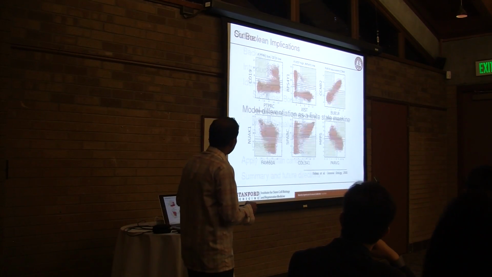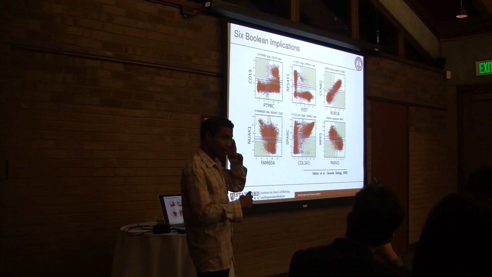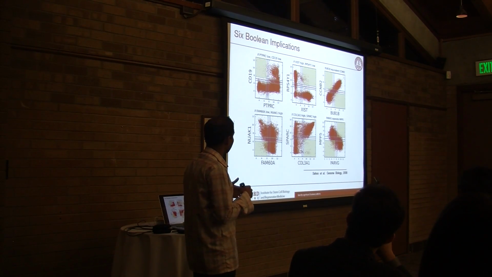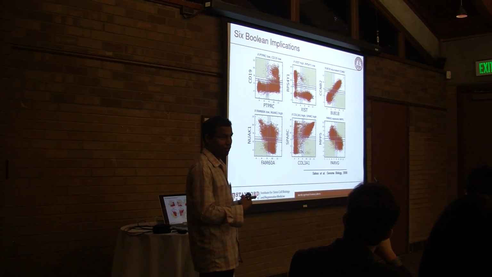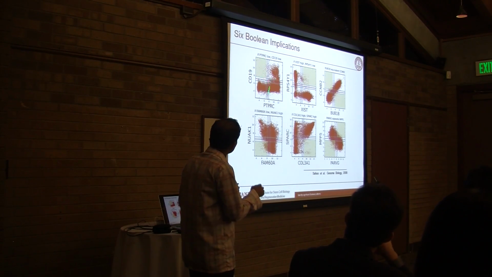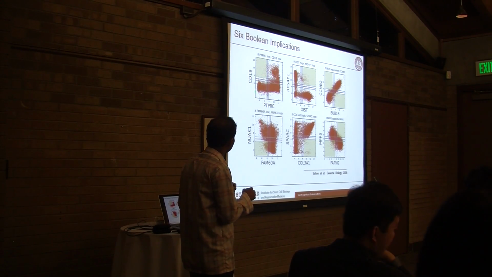Okay. So now, if you think about this as an entire universe, then these patterns are considered invariant patterns. For example, for this case, you can say PTPRC is low, CD19 is low.